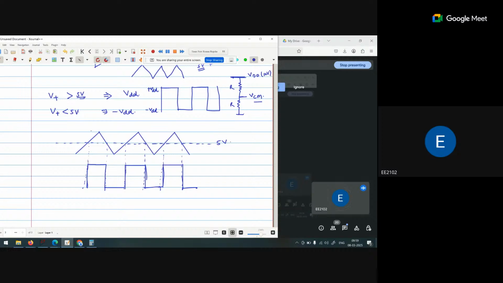Now the duty cycle is dependent on the voltage.